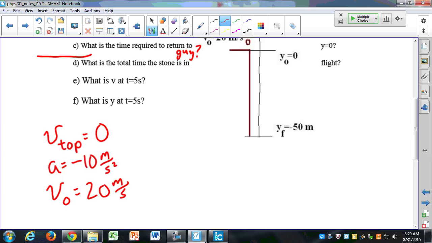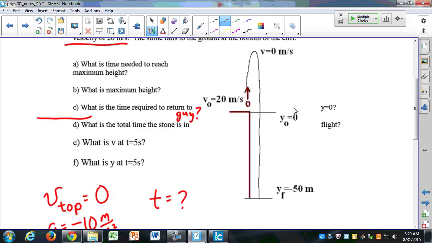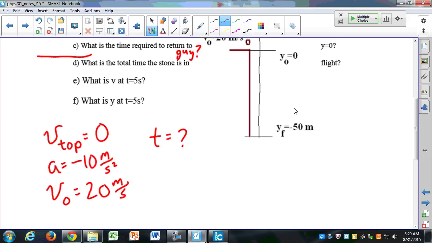And then I want to know how much time does it take. What is the time required to reach the maximum height? I'm going to call that T-top. That's like what we were doing before. Now go ahead and try to solve for T-top.